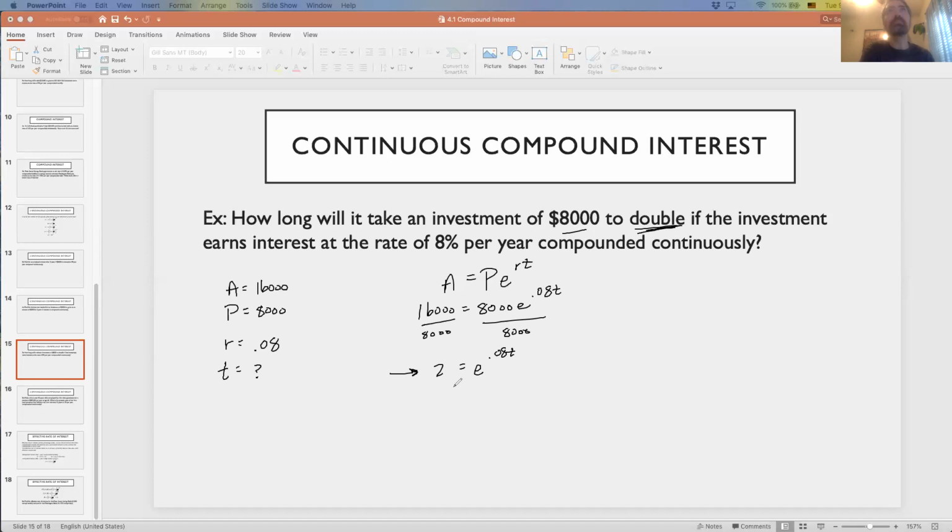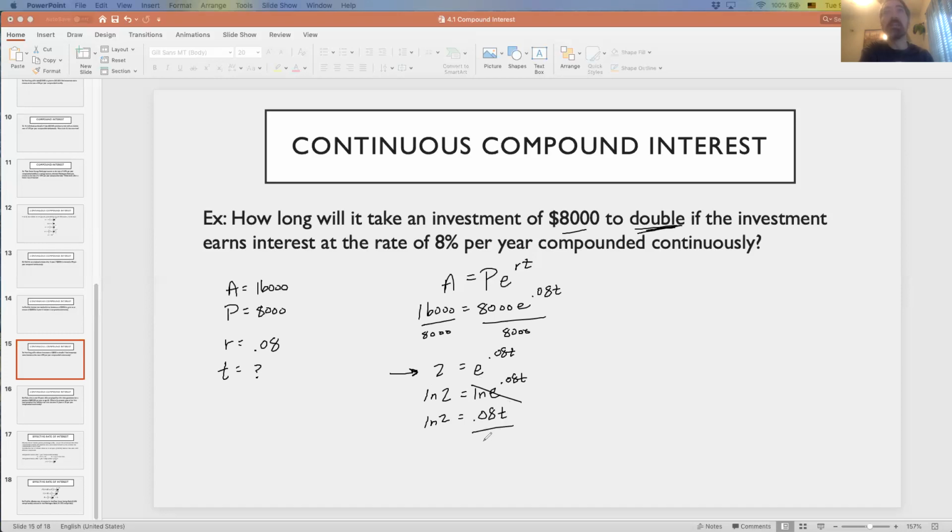All right, but for now, t is in the exponent position, so we do what? Take the natural log of both sides. And we said the natural log and e are inverses, so essentially it cancels out the e. I'll still show that step here, but I know that's going to cancel right there, leaving us with just 0.08t.